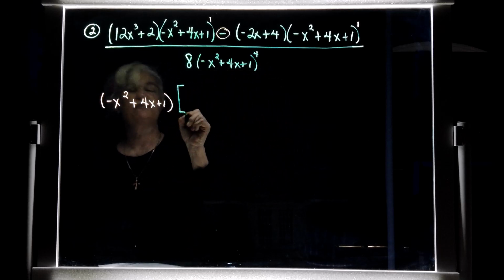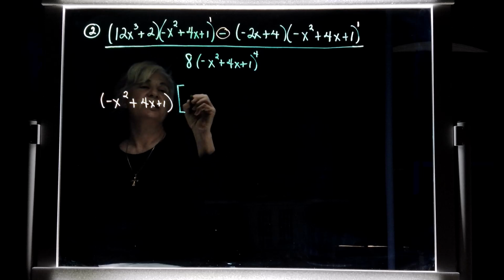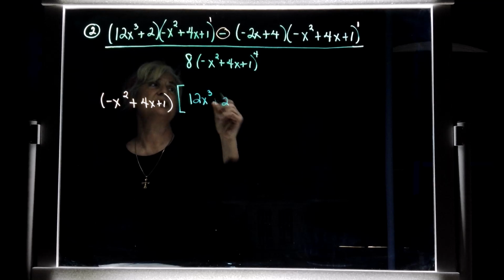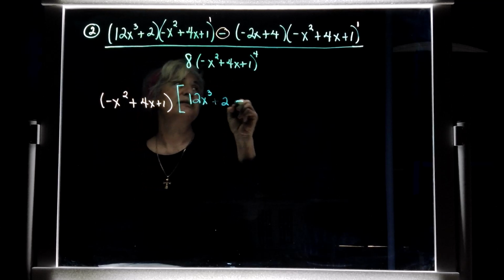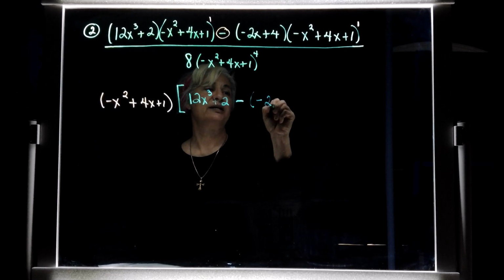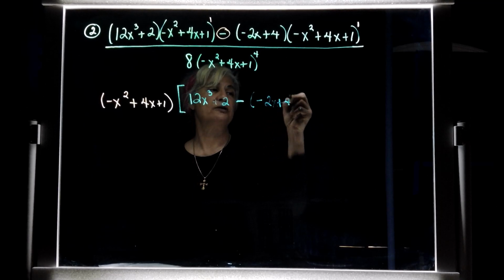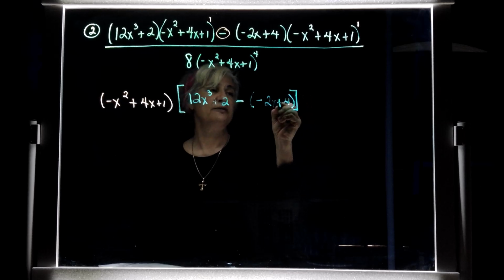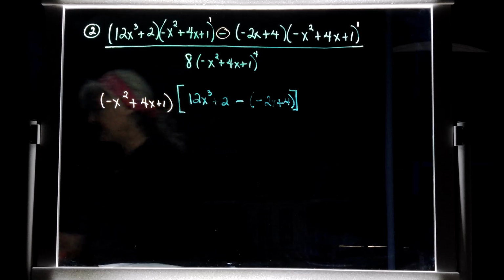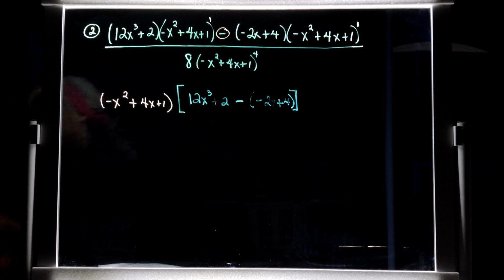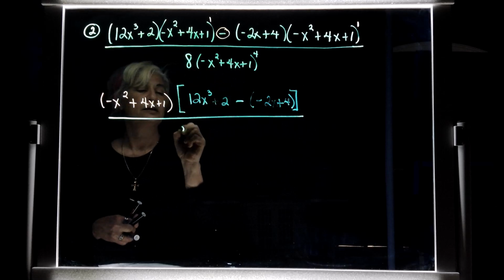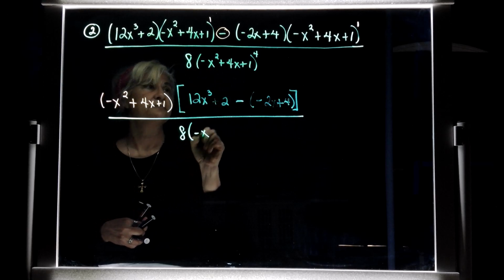All right, so let's find out what's left. We have 12x to the third plus 2 minus, and then we have this negative 2x plus 4. Agreed? Okay. And then all over the denominator.